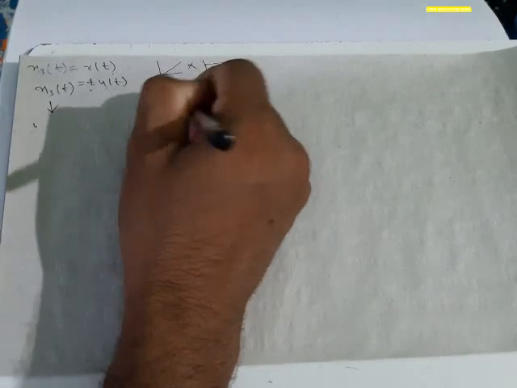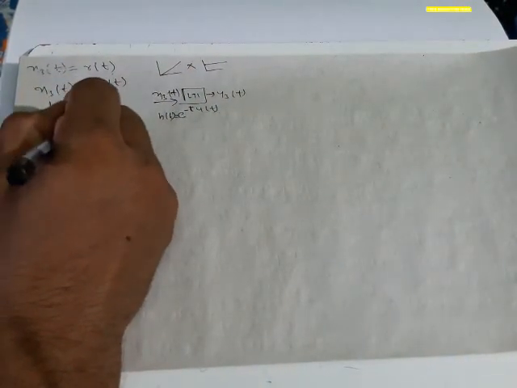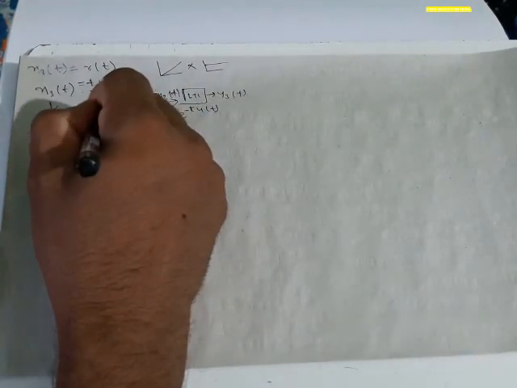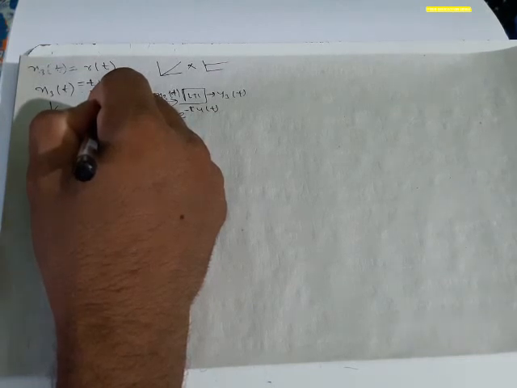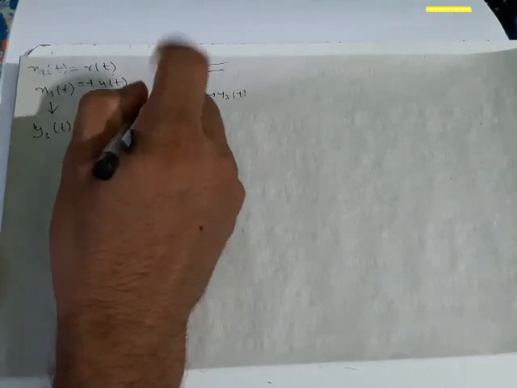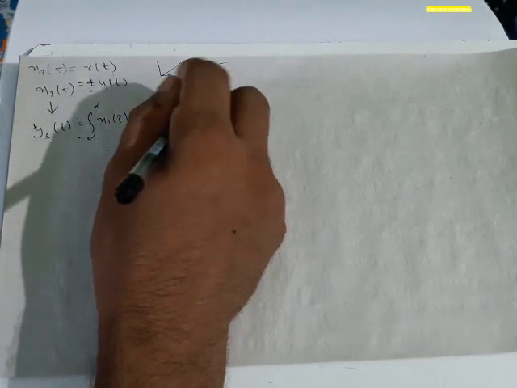Now see again one question. If sine of alpha t convolution with sine of alpha t gives a sinc function of alpha t.